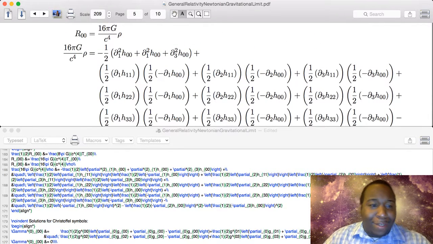I'm looking at this now, and it's starting to look like what I want it to look like, but I'm seeing that there's something that's a little off here.